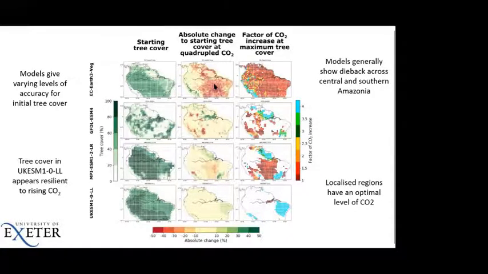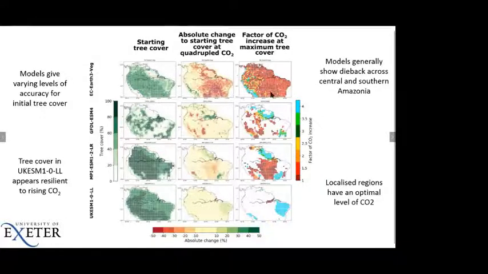But generally there's agreement that we see dieback of tree cover in central and southern parts of the Amazon, with small bits of growth maybe in the northeast. But also a very surprising result for us was the UK ESM result, where there's very little change in tree cover. And this is despite the model having a very high climate sensitivity.